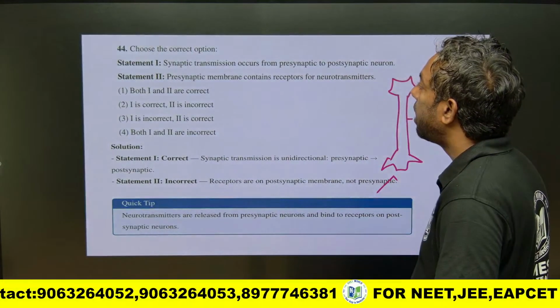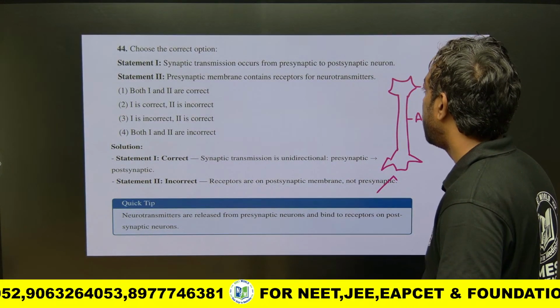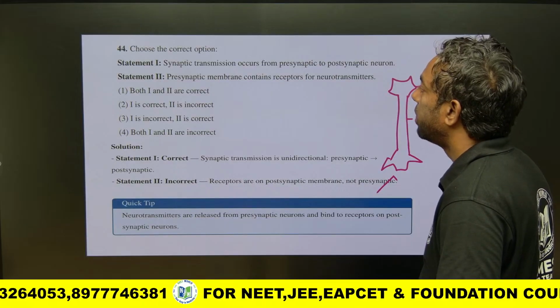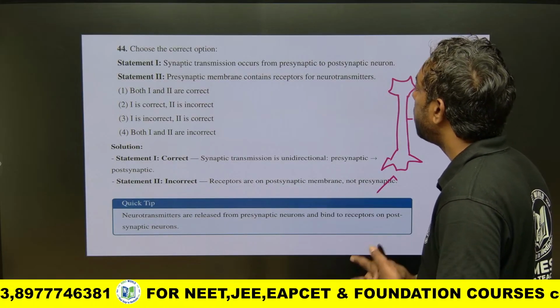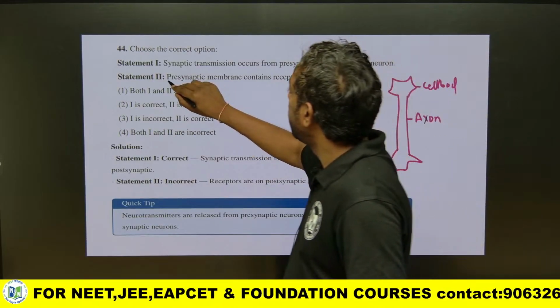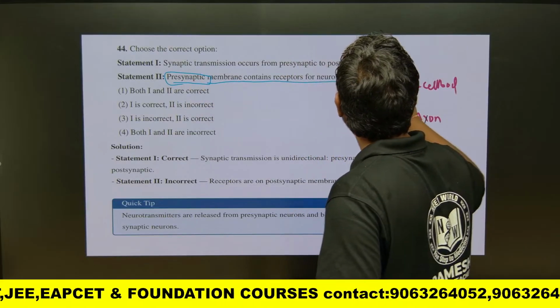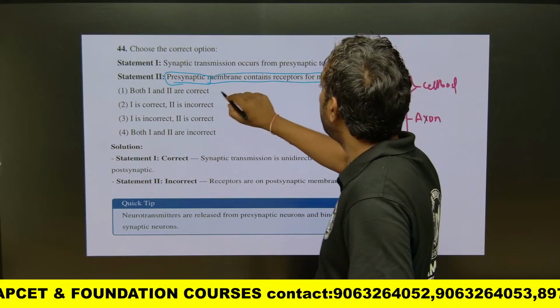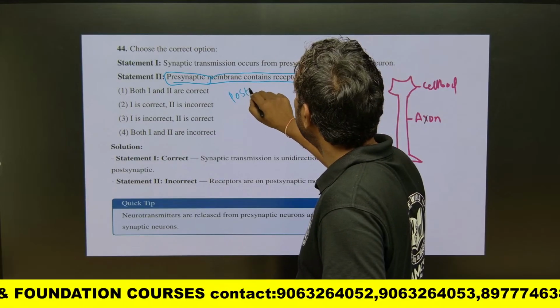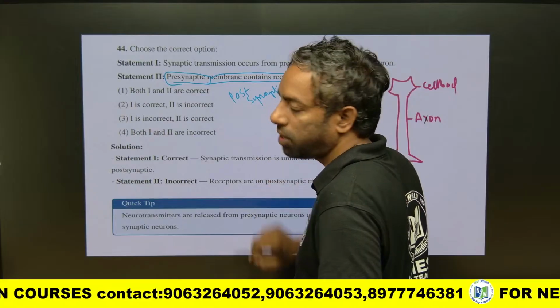Yeah, synaptic transmission occurs from the presynaptic to the postsynaptic neuron. Of course, the presynaptic membrane contains the receptor of the neurotransmitter. No, the postsynaptic membrane contains receptors, right?